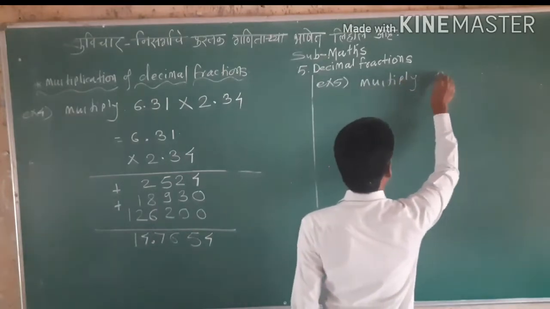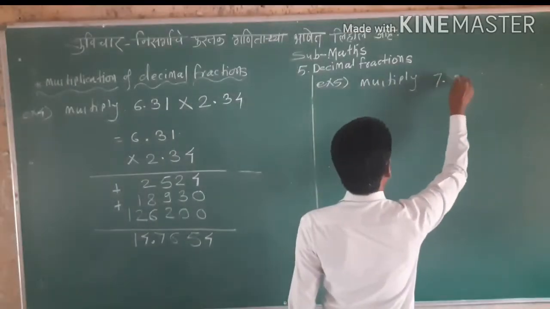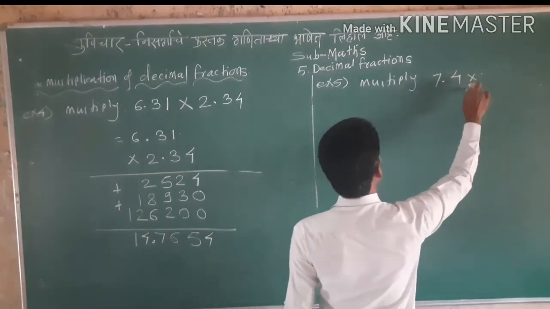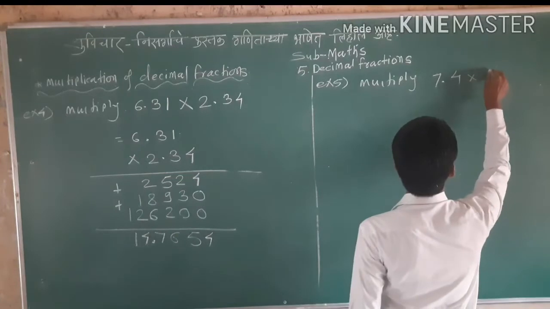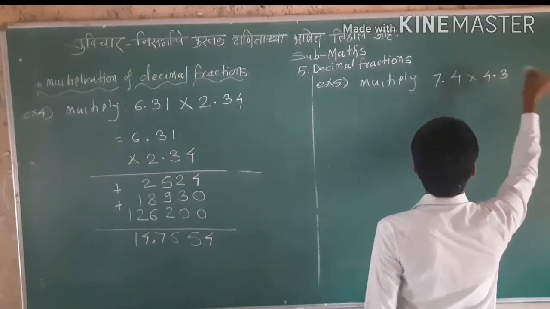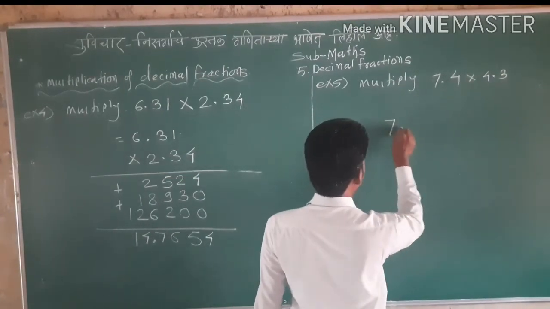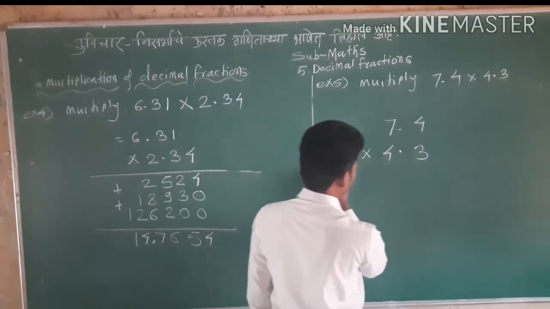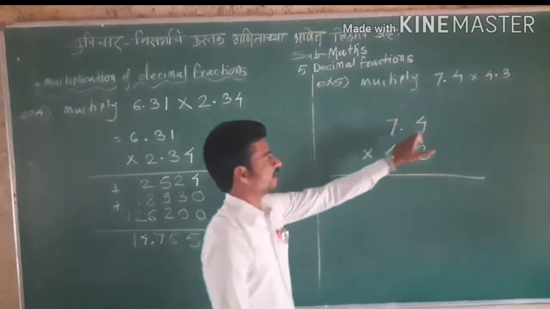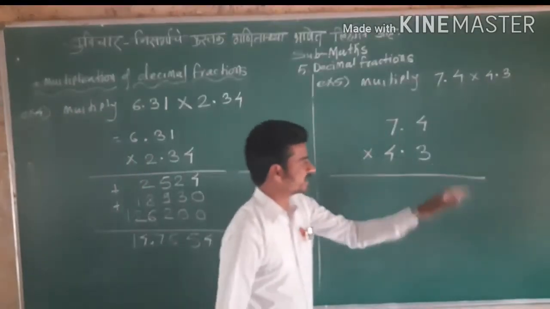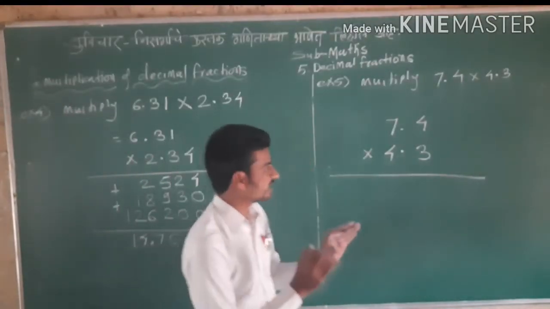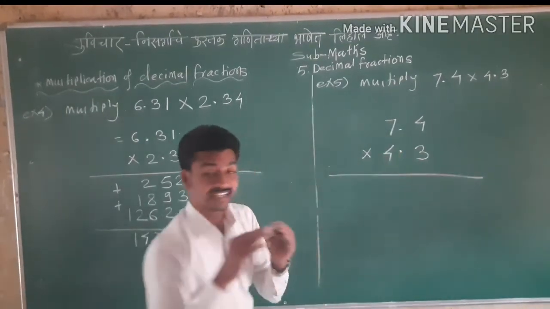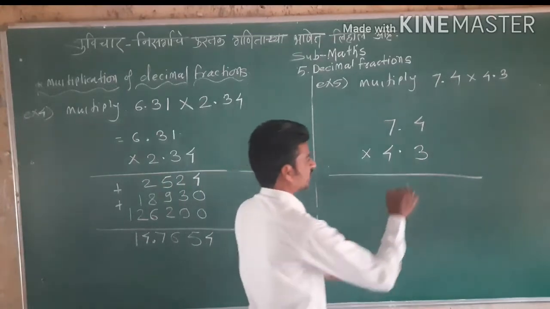Multiply 7.4 into 4.3. 7.4 is the multiplicand and 4.3 is the multiplier. Ignore the decimal point and do the multiplication operation. Pretend the decimal point is not there and solve the example.